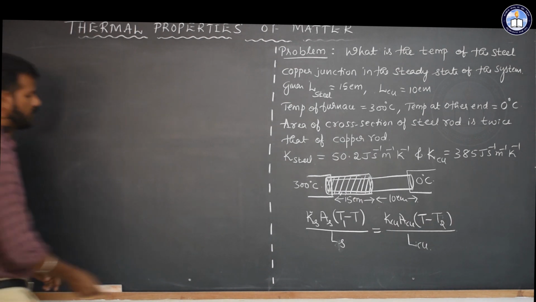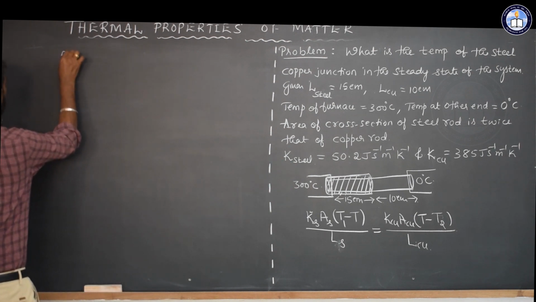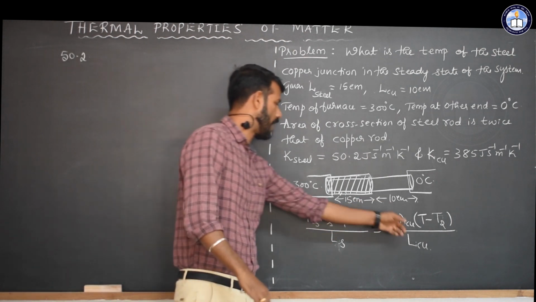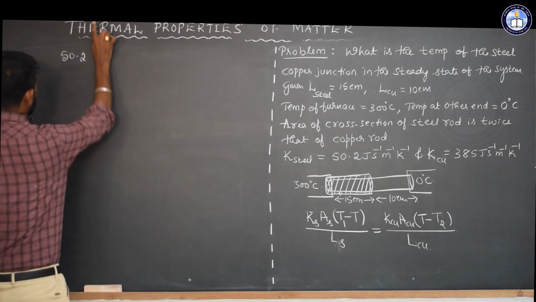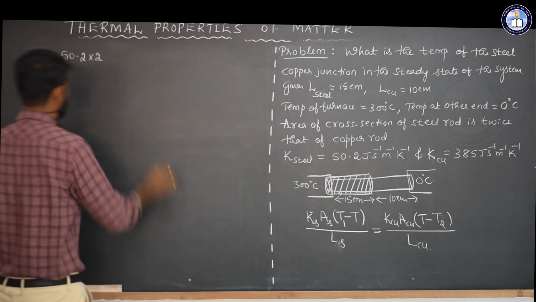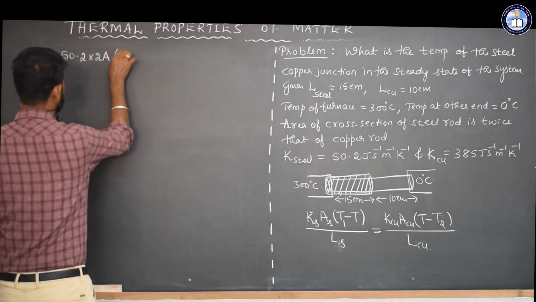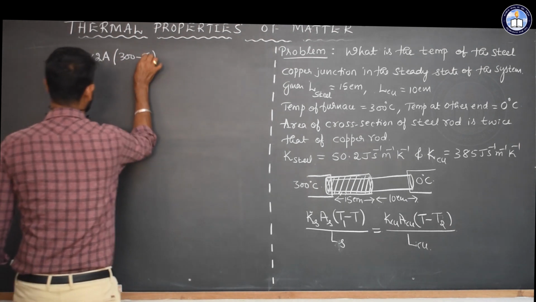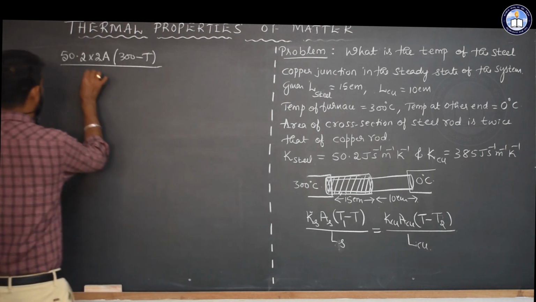To simplify this, let's substitute the K values. K value for steel is 50.2 into the area of cross section of steel, which is 2 times that of copper, therefore 2A, and that A and A will cancel out. 2A of T1, which is 300 degrees Celsius, minus T, divided by the length of this steel rod, 15 centimeter.